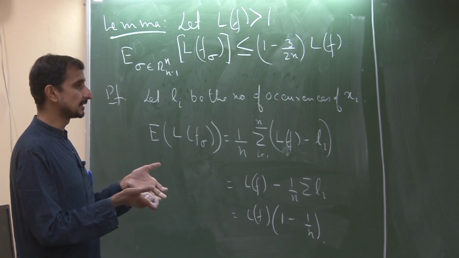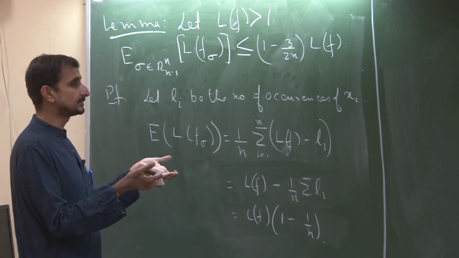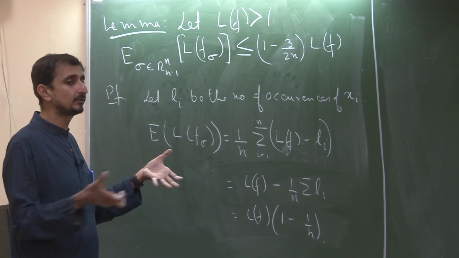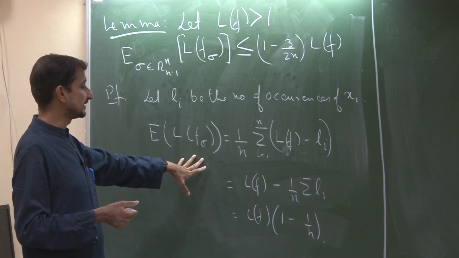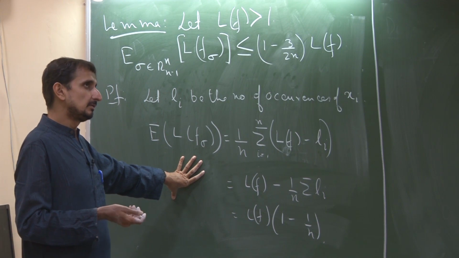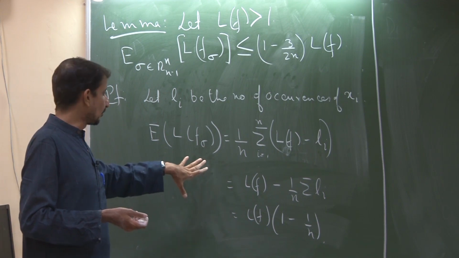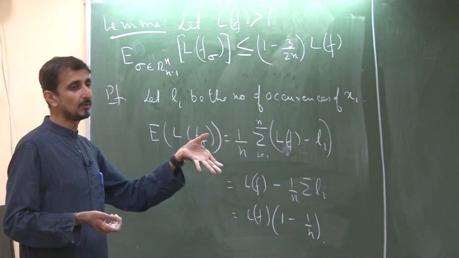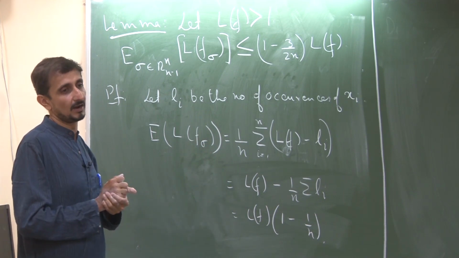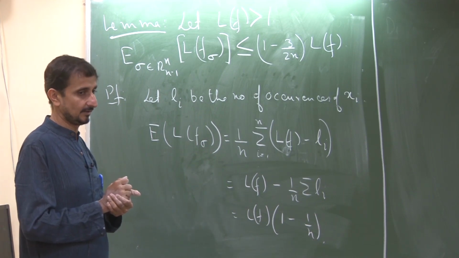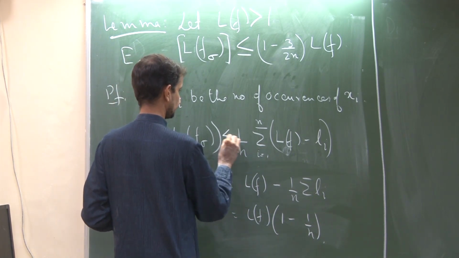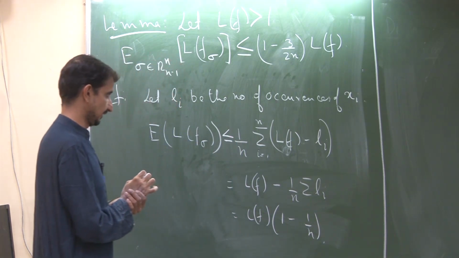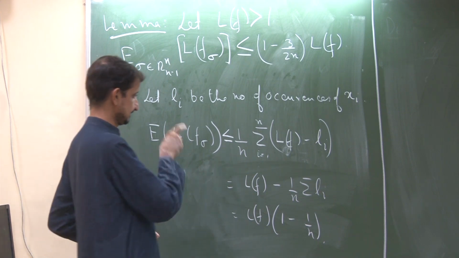The reason I am saying it is an upper bound is that sometimes the size of the formula might collapse even more, depending on what the restriction is and what gate you have. Sometimes it might lead to a larger collapse. So, this is just an upper bound over here.